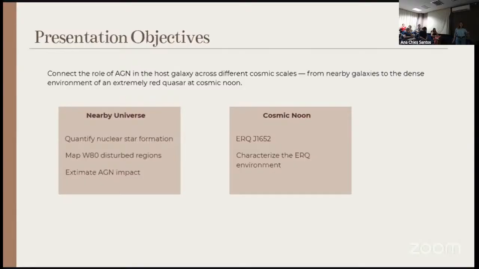So I will start by talking about the nearby universe, quantifying nuclear star formation, and mapping the disturbed gas in these AGN host galaxies, and also estimating the AGN impact in these galaxies. In the end, I will talk about cosmic noon, where we will discuss the extremely red quasar J1652 and characterize the environment of this quasar.